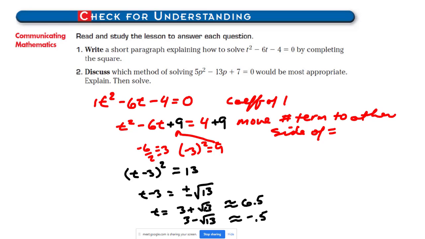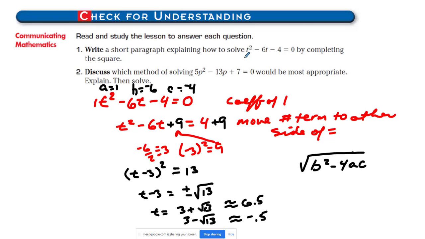And if I did this with the quadratic formula, the first thing I would do is the b squared minus 4ac part, which is the discriminant. For this one, a is 1, b is negative 6, and c is negative 4.